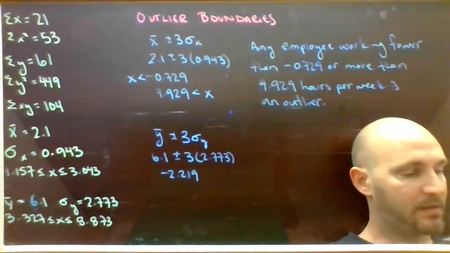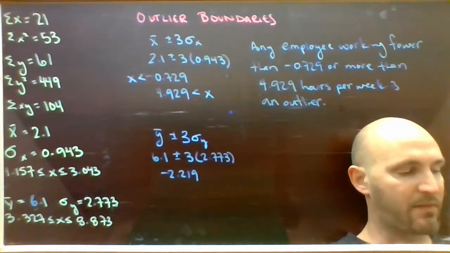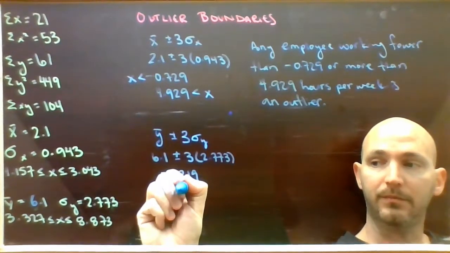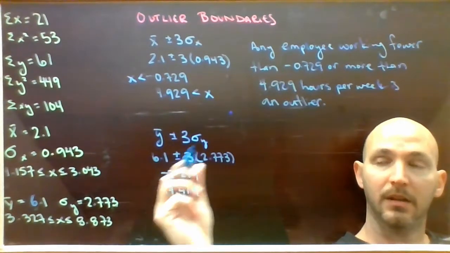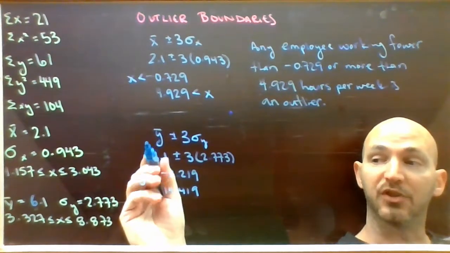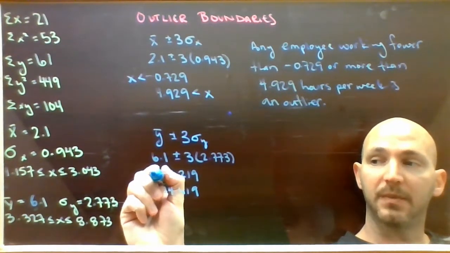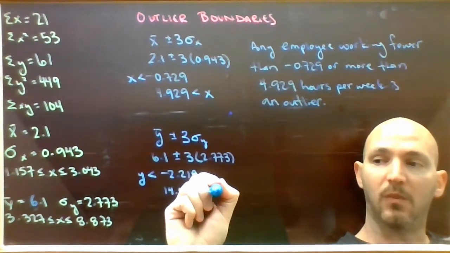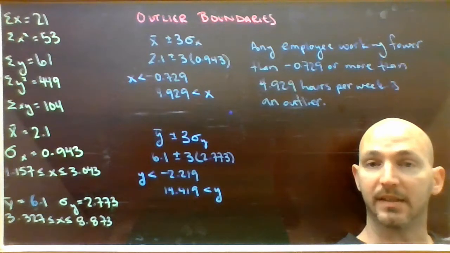And if I add them, 6.1 plus 3 times 2.773 is 14.419. So again, for any y value, that's number of timbits eaten per shift, any number of timbits less than this or any number of timbits more than that would be considered an outlier.